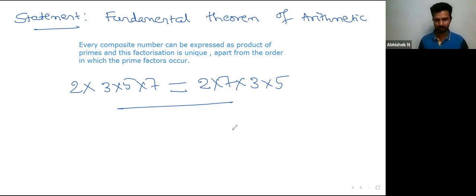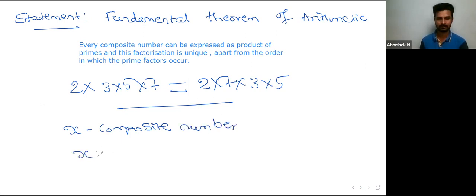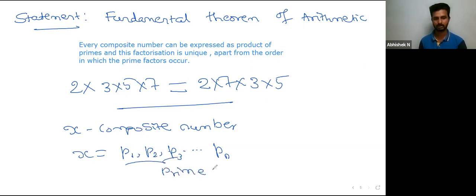So in general, if x is a composite number, then x can be written as p1, p2, p3, up to pn. All these numbers are nothing but primes.